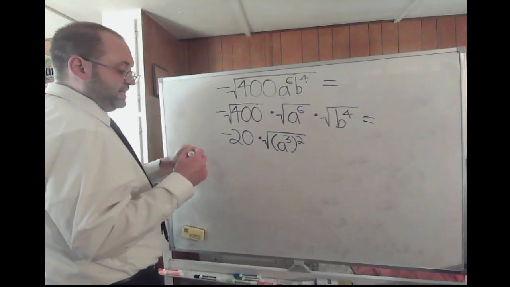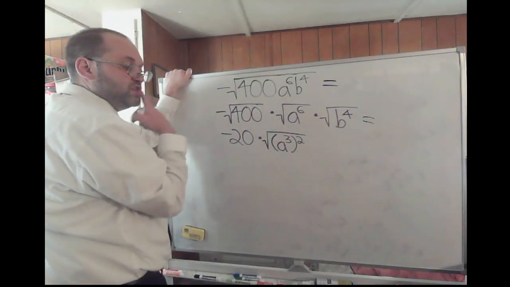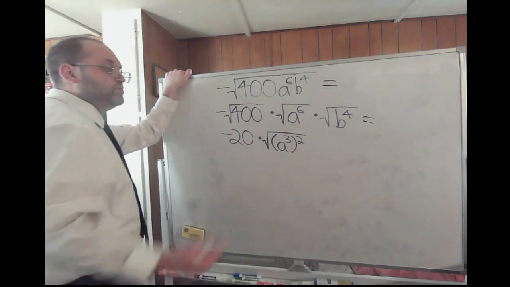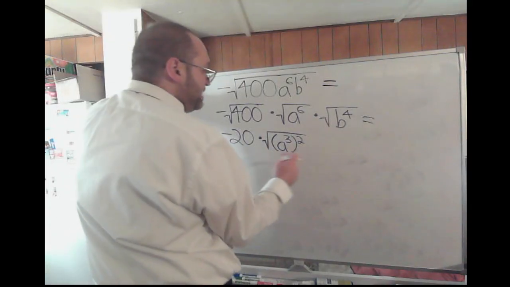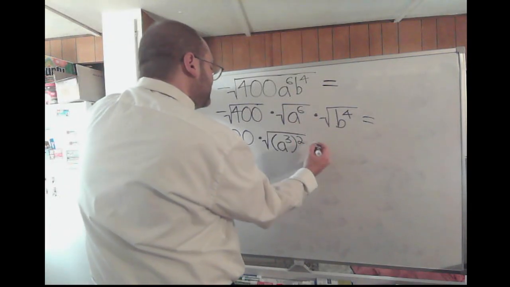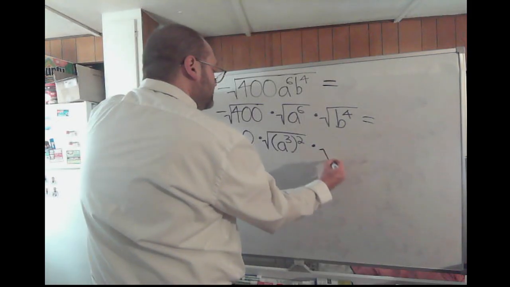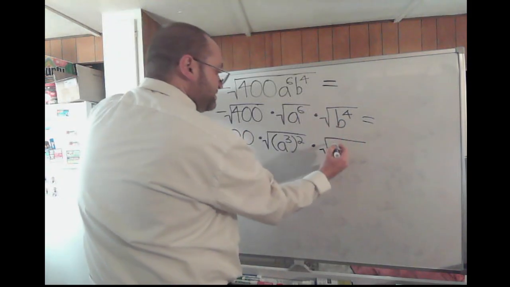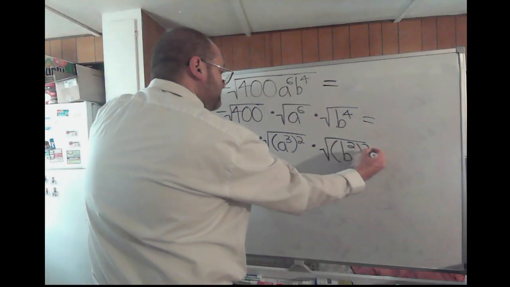So basically, when you have a square root of something to an even power, you just divide the power by 2. But be very careful because you may have some absolute value signs. It's not quite that simple, but it's almost that simple. Then the square root of b to the fourth is simply b to the second power.